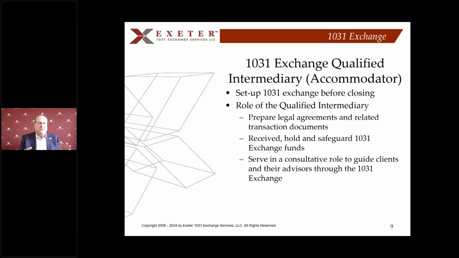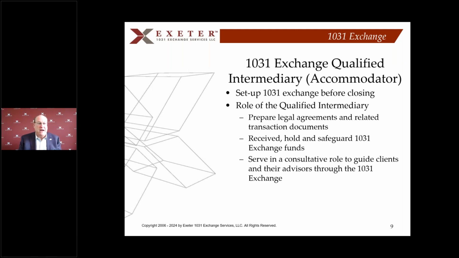You know, even if you tell the closing agent, don't disperse the funds, I'm going to do a 1031 exchange transaction, the fact that you closed on the sale transaction means you have the right to receive the proceeds. So even if you tell the closing agent, don't disperse the funds, you still have the right to receive the funds, and it's taxable.